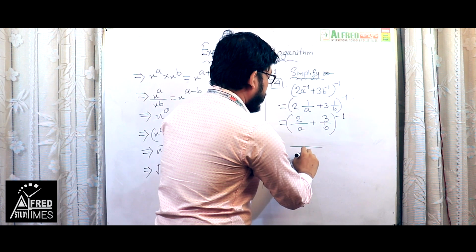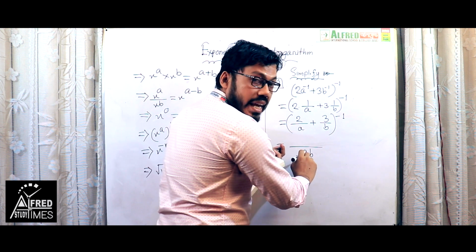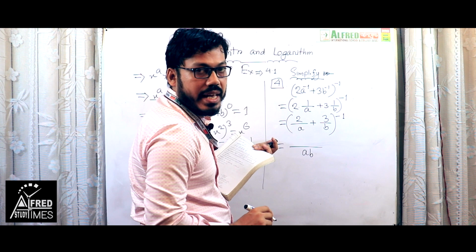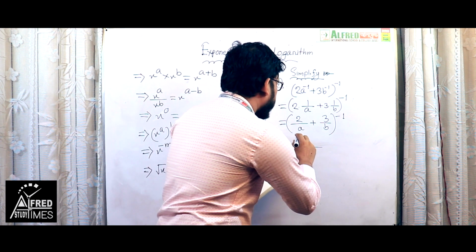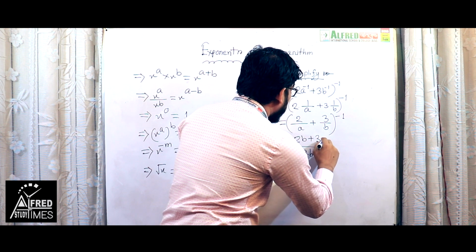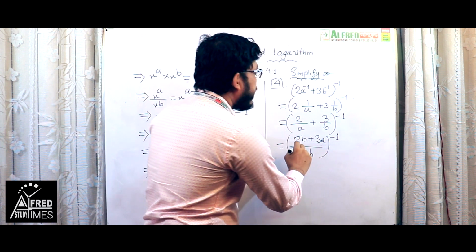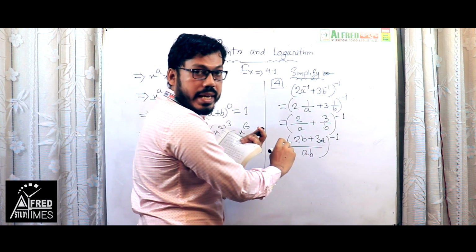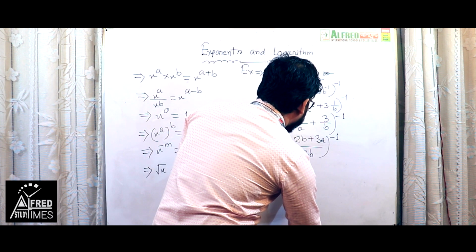A with b, make the LCM value ab. Now dividing ab, which is the required LCM, by every denominator and multiplying with every numerator. Applying this method, we have got 2b plus 3a divide ab with whole inverse 1.